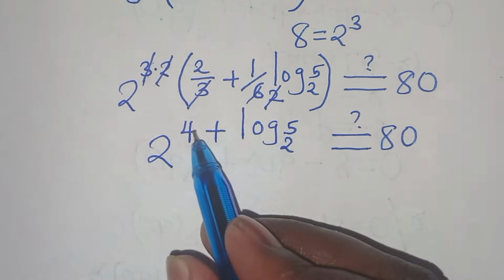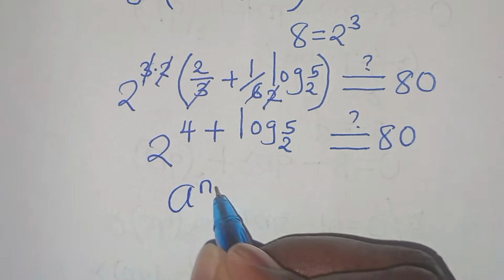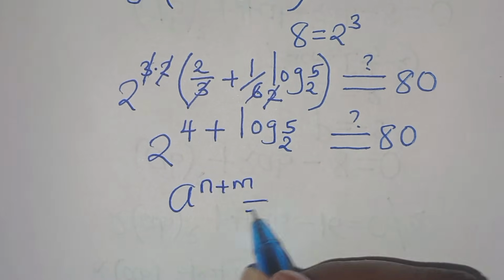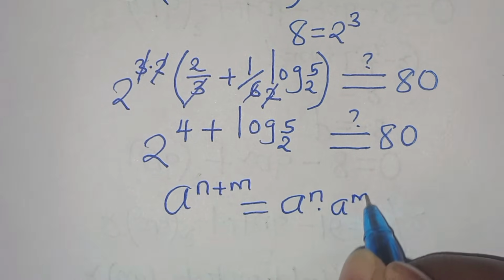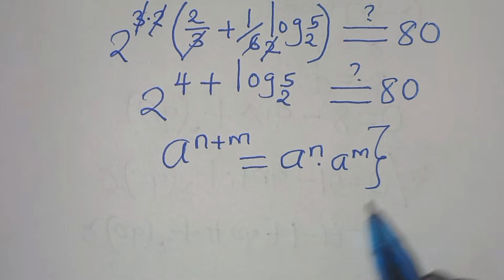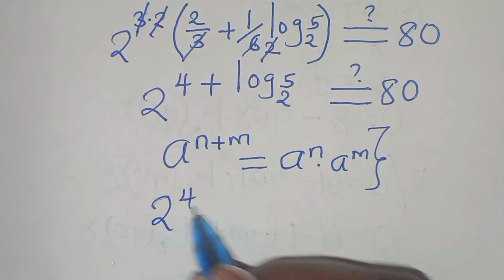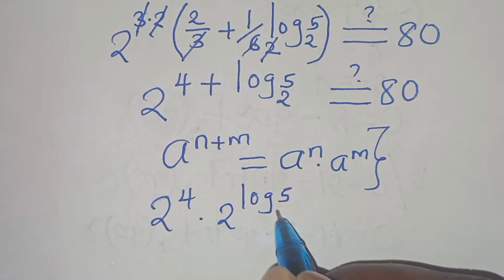Now, 2 to the power of 4 plus log 5 to base 2 is in the form of a to the power of n plus m, which can be expressed as a to the power of n times a to the power of m. Applying this exponent property, we have 2 to the power of 4 times 2 to the power of log 5 to base 2.